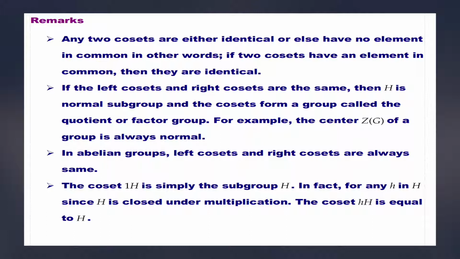In abelian groups, left cosets and right cosets are always the same. The coset 1H is simply the subgroup H. In fact, for any h in H, since H is closed under multiplication, the coset hH is equal to H.